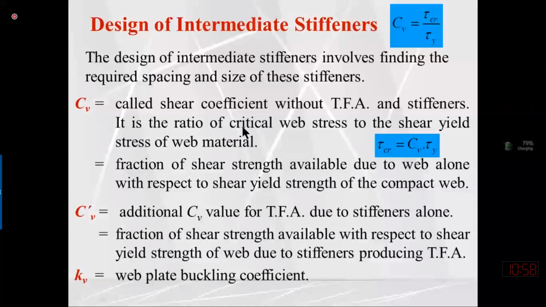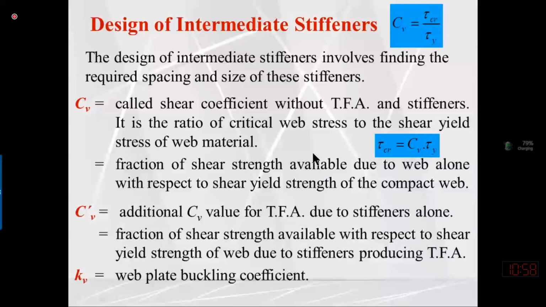So C_v is the ratio between the critical mean buckling shear strength and the yielding shear strength. In other words, the C_v value is used to convert the yield strength to the buckling strength. So the C_v value will always be less than 1. This parameter lets us know at what percentage of the shear yielding the web is buckling, the fraction of shear strength available due to the web alone.